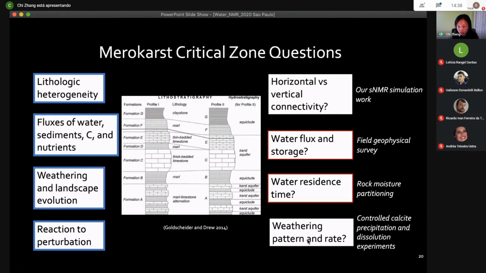Lastly, to answer the weathering pattern and rate question, two of my students are actively working on this. One is doing a lab-controlled experiment on calcite precipitation and dissolution, and another is doing numerical simulation using LBM coupled with PHREEQC to look at the reactive transport modeling during this weathering process.